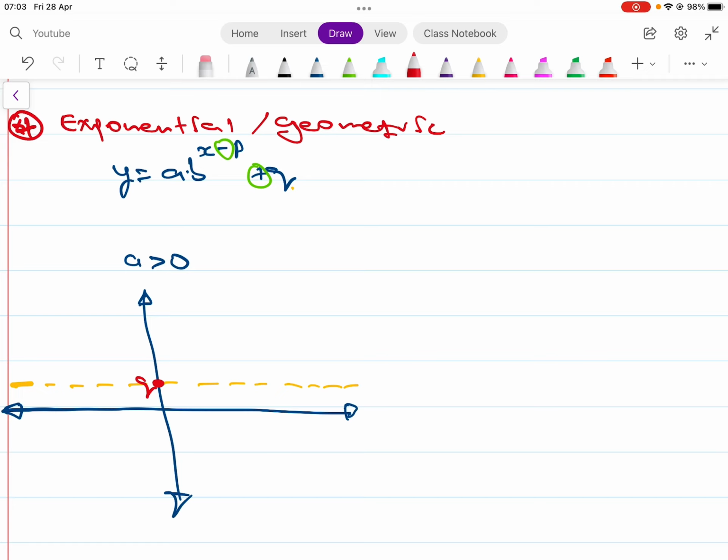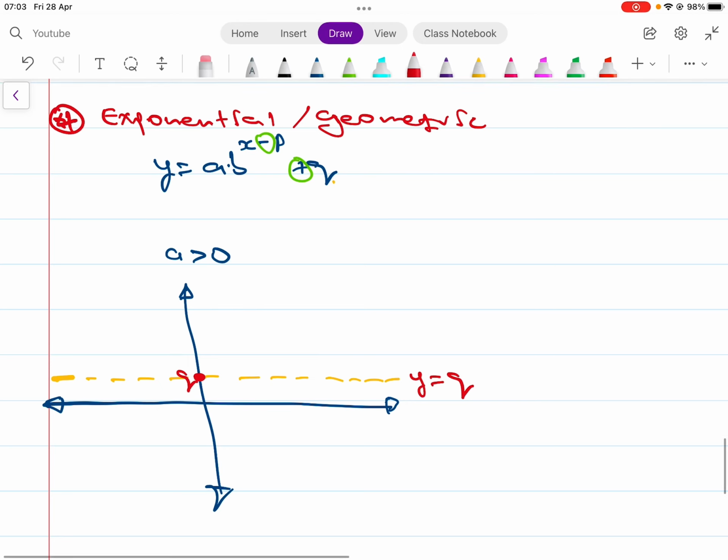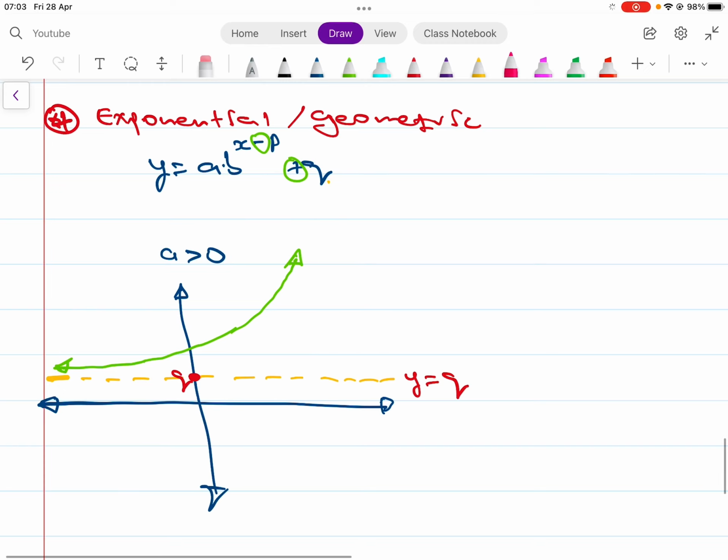So the equation of this asymptote is y equals q. And then because a is greater than 0, the graph is going to be above the horizontal asymptote. So it's either going to be this here, or it's going to be that pink one.